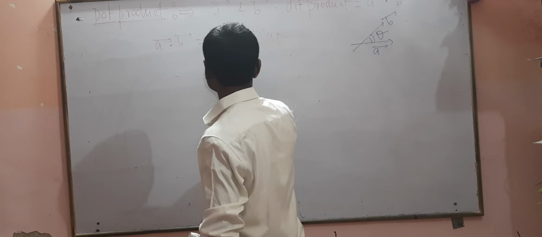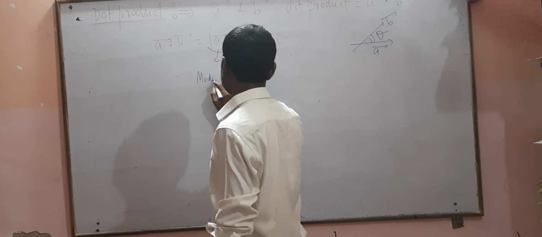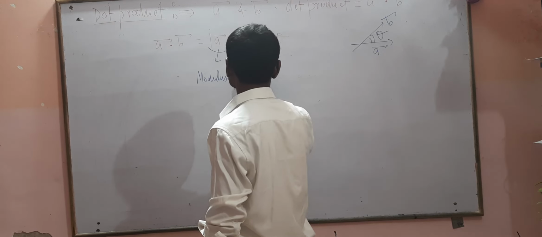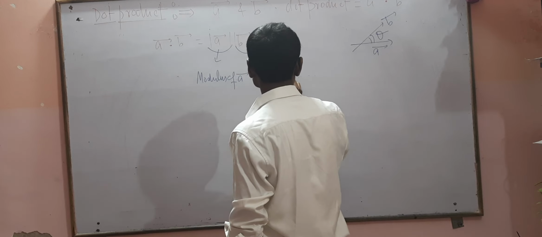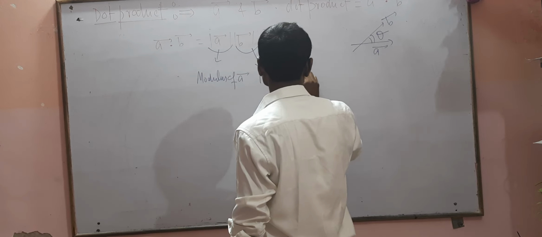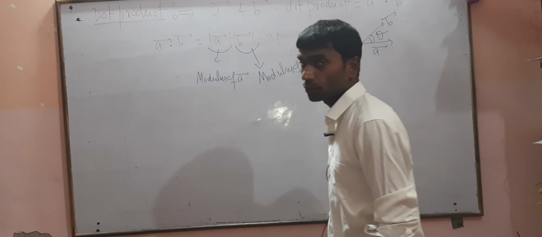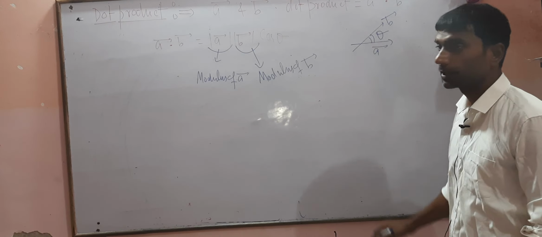This is the modulus of A, this is the modulus of B, and this is the cosine of theta, where theta is the angle between A and B.